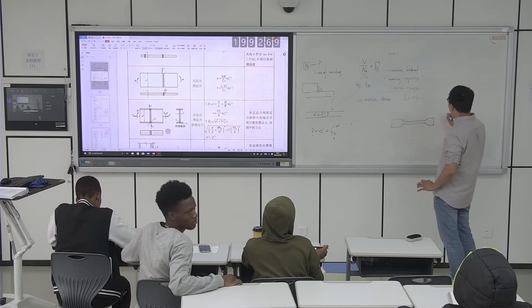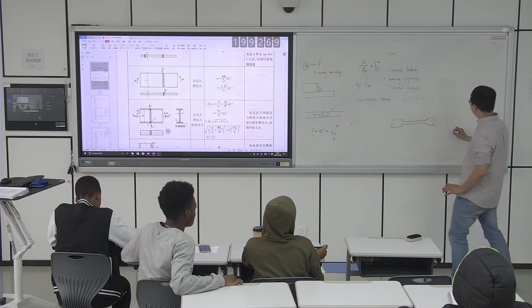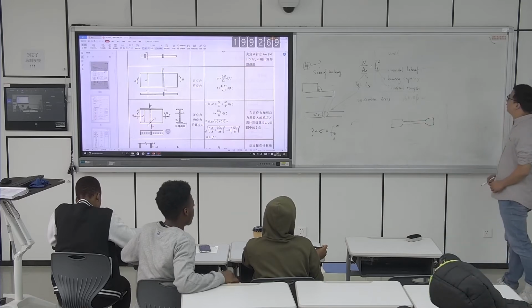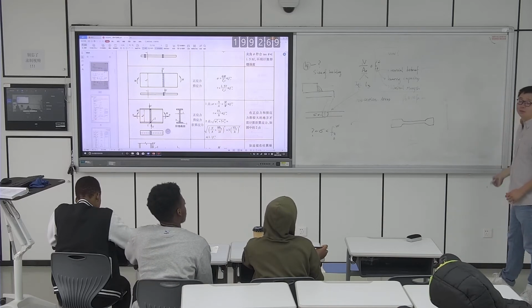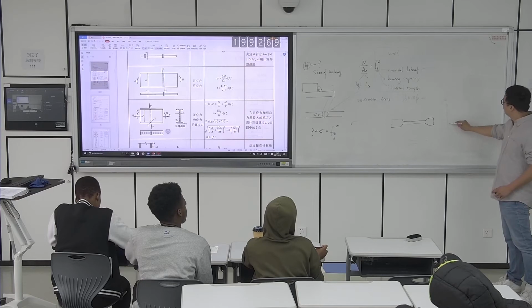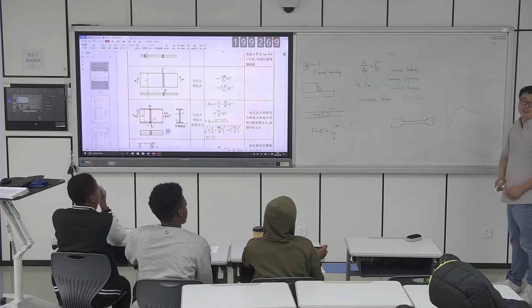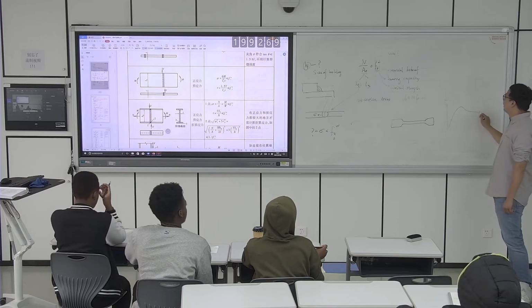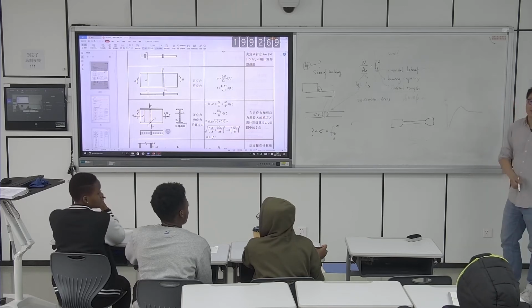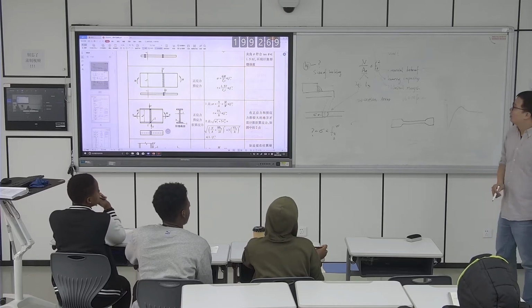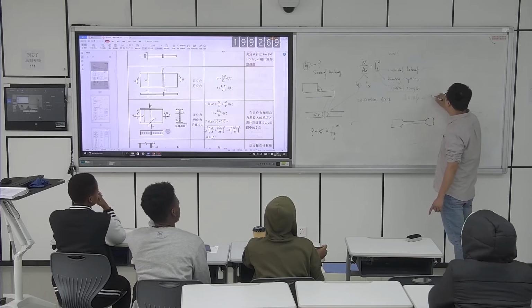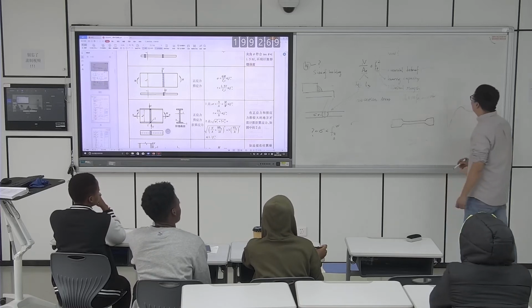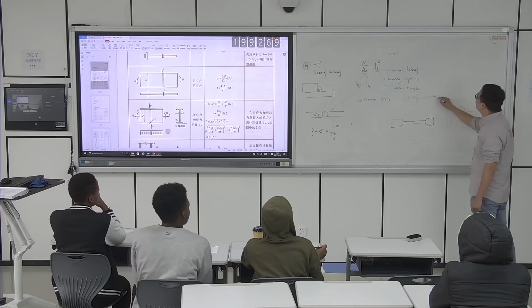So you know the curve of sigma and epsilon. Right? So this is this value. Clear? So you tell me it comes from the book, right? It comes from the book. We record this value in the book.